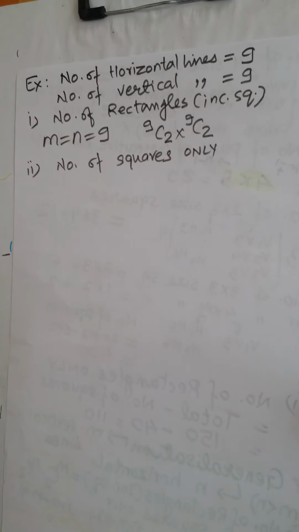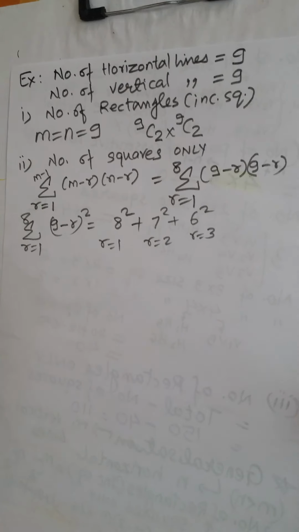Similarly, what about the number of squares only? For the number of squares only we derived the sum from 1 to m minus 1. Now, since m and n are equal, we can write it like this, substituting m and n as 9, and m minus 1 as 8. We get the sum of (9 minus r) whole squared. So if we substitute 1, we get 8 squared. Similarly, if you put 2, 3, you will get 7 squared, 6 squared, and so on, till finally we substitute 8.